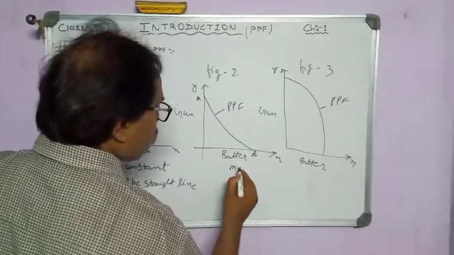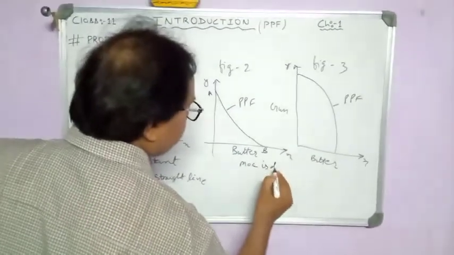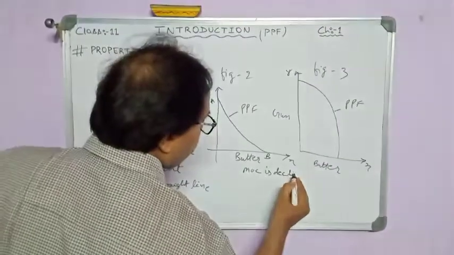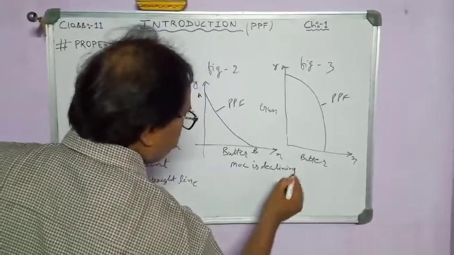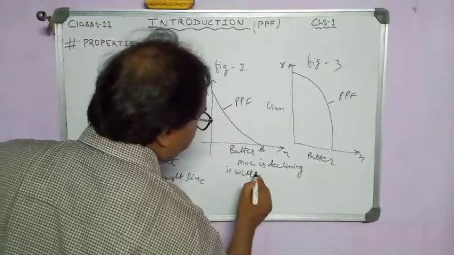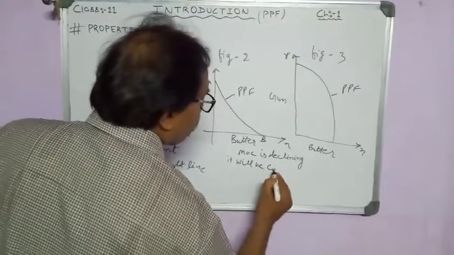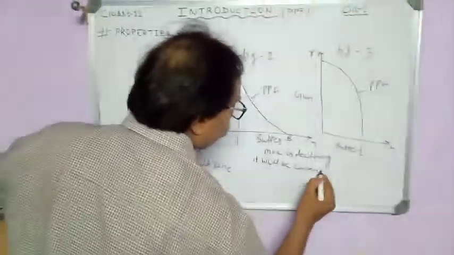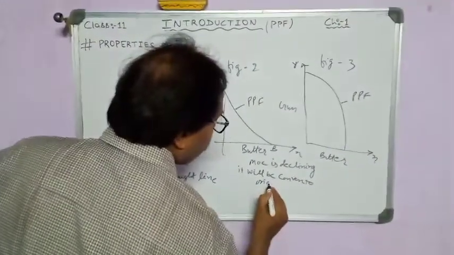If MOC is declining, it will be convex to the origin.